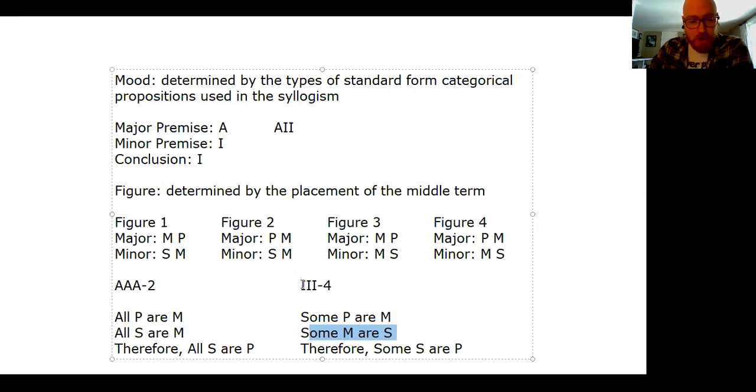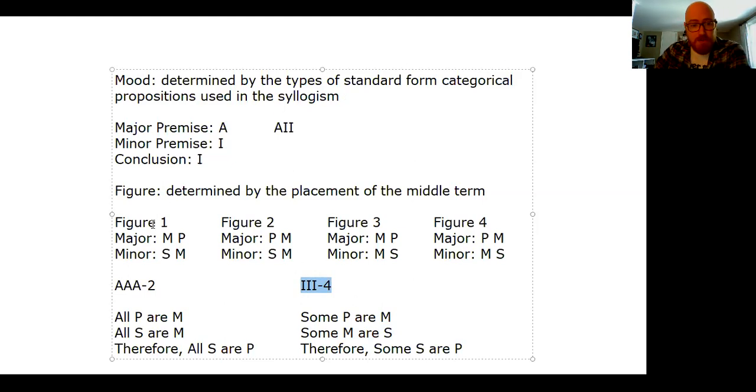So if you saw this shorthand notation, and again, it doesn't matter what the conclusion is, an IIO would be invalid, an IIA would be invalid, an IIE would be invalid, an III is invalid. Since both premises are I statements, you know automatically the middle term is going undistributed, so it is going to be invalid.